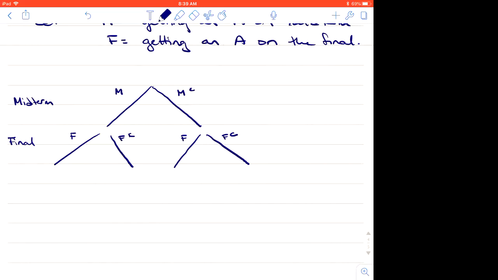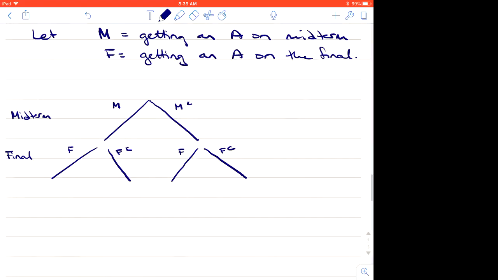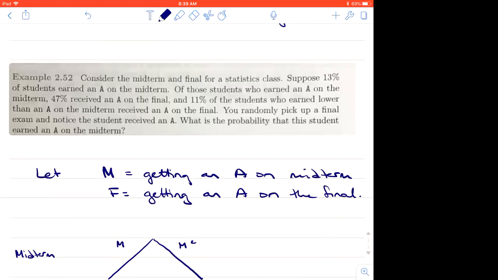Okay, so now, at least when we have it laid out like this, we can start pulling these probabilities from the word problem and say, oh, that's going to go in this branch, and this branch, and this branch. Okay, so let's go back here.